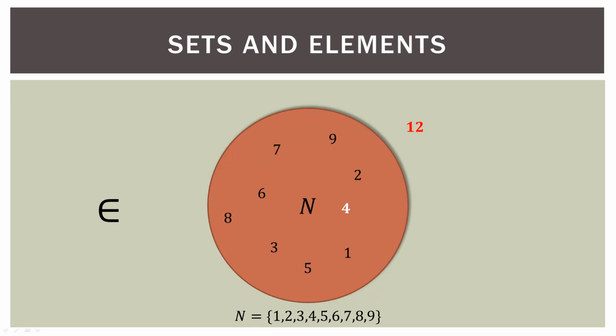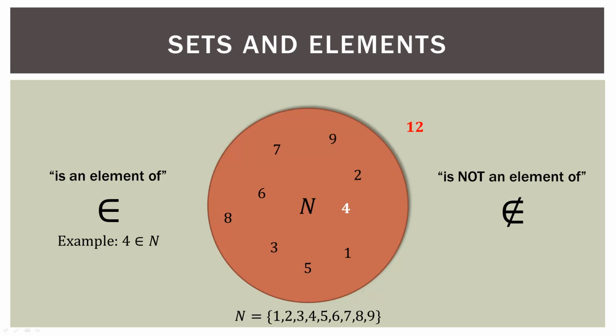Now we use the "is an element of" sign to denote things that are inside our set. For example, the number 4 is inside our set. It is an element of N, an element of set N. However, we also have the opposite. You can see that 12 up there in the right-hand corner, 12 is not a part of set N. It is outside of its boundary.